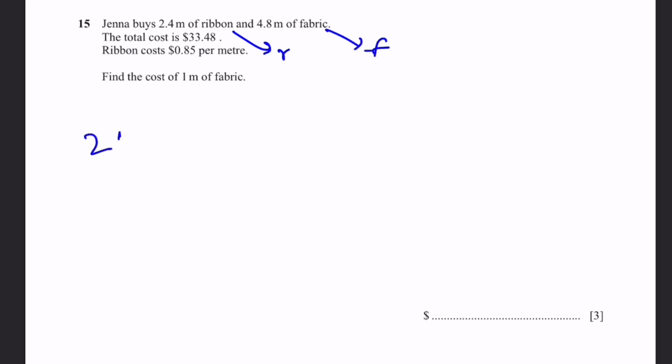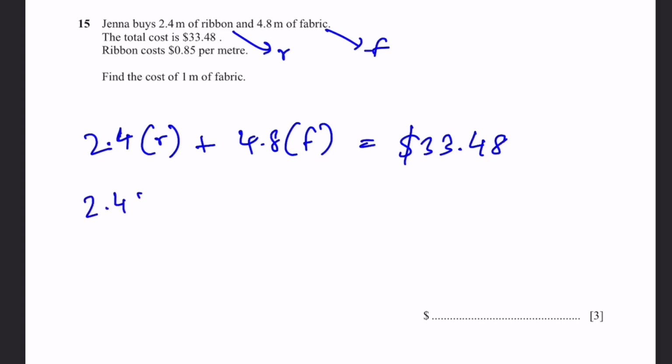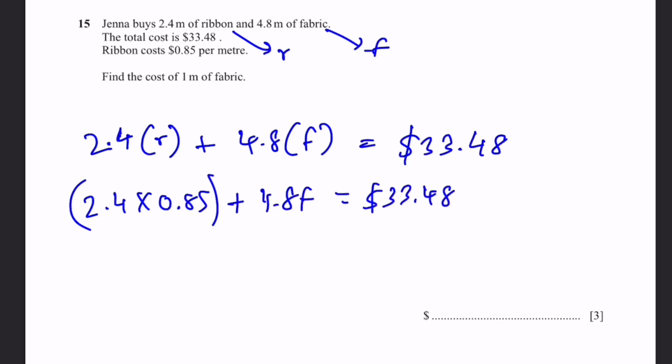So 2.4 into R plus 4.8 into F. R is the cost of ribbon and F is the cost of fabric for 1 meter. That'll be equal to $33.48. That means 2.4 into 0.85 plus 4.8F is equal to $33.48.